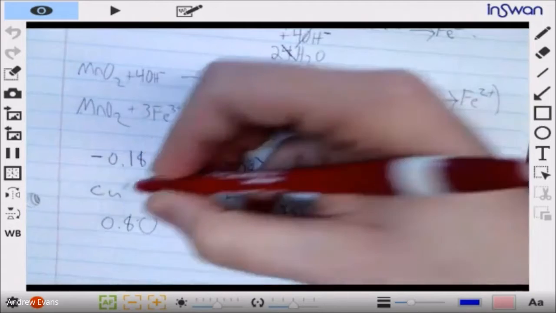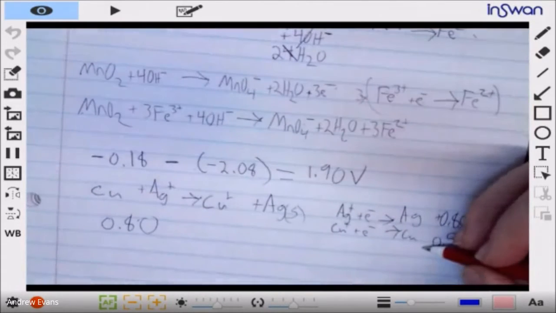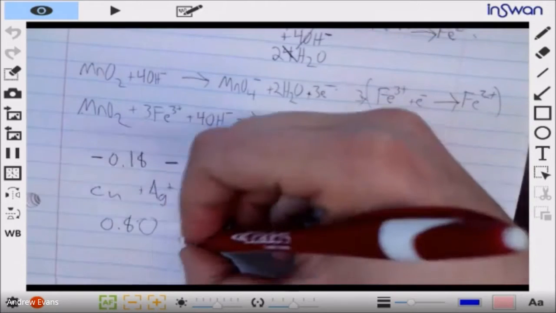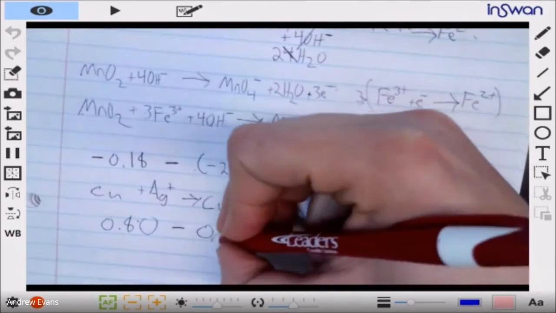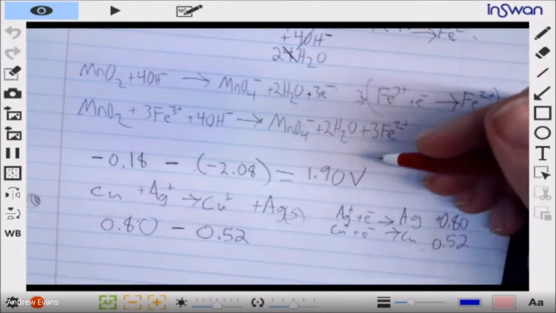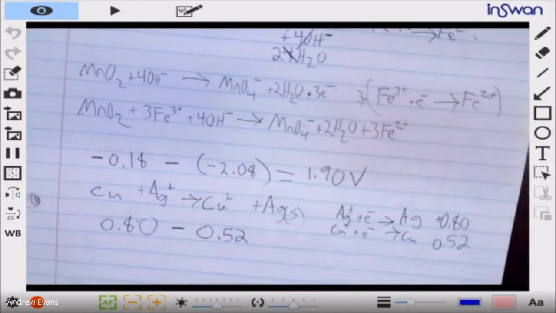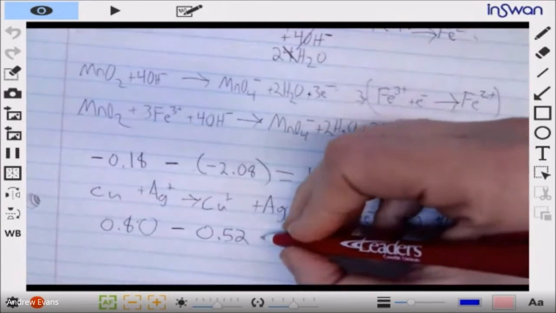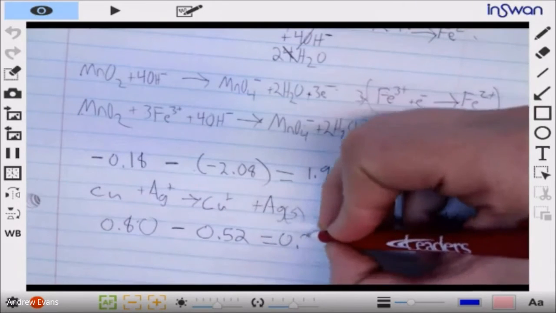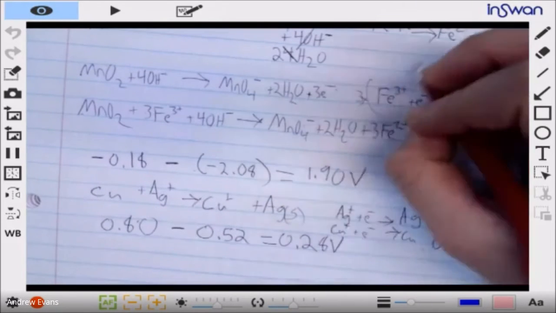The copper is reverse as written, the opposite of how it's written, so it is the oxidized. So I'm going to subtract 0.52 from 0.8, and our answer will be 0.28 volts.